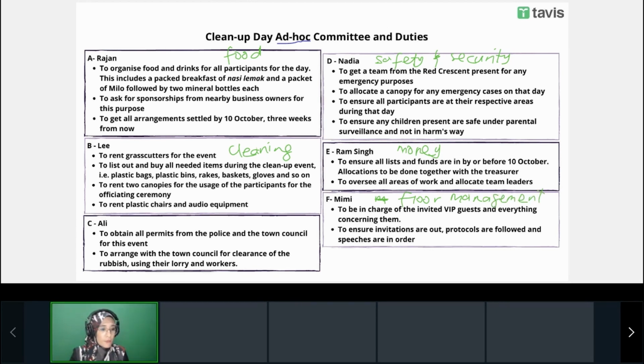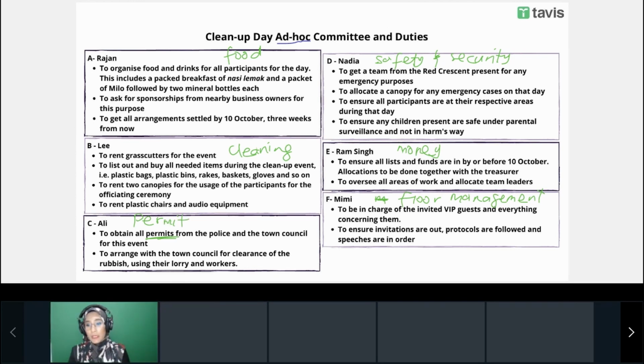So this one is left. What is Ali doing? Ali is to obtain all permits. Ta-da! So now we know that he is in charge of permits.